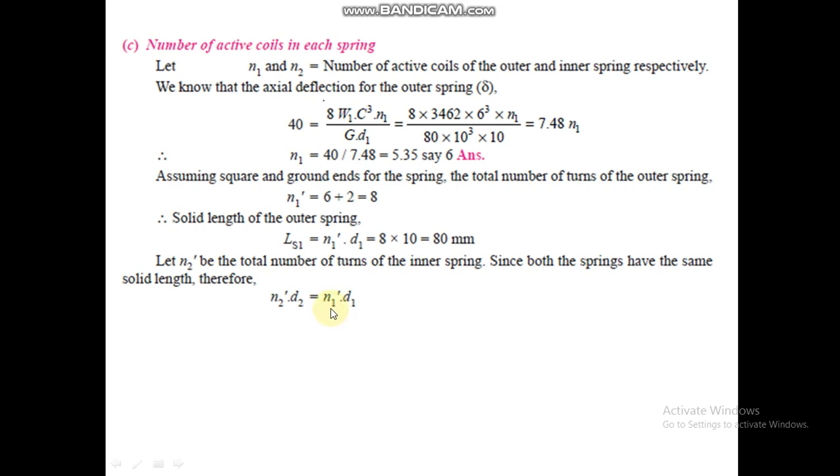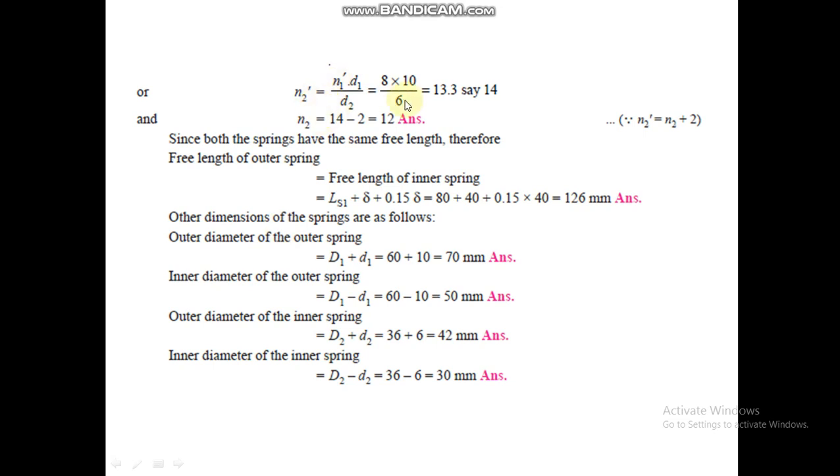So we put the value of N1 dash D1 and D2 and the answer of N2 will be obtained. So N2 dash will be 14 and we subtract 2 from the 14, that is 12. These are the active number of coils.